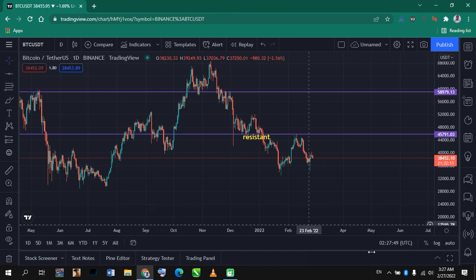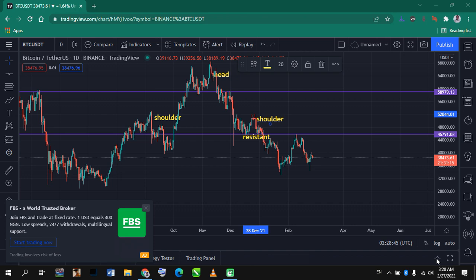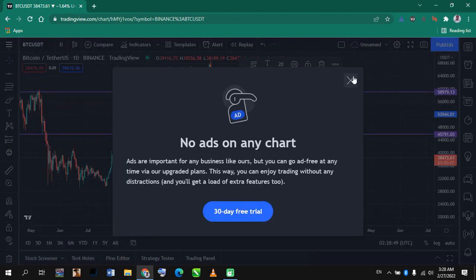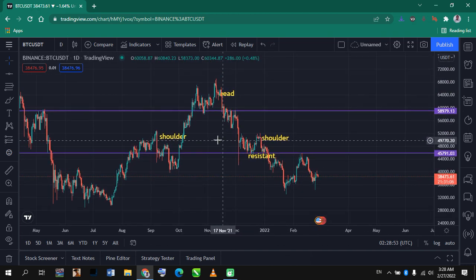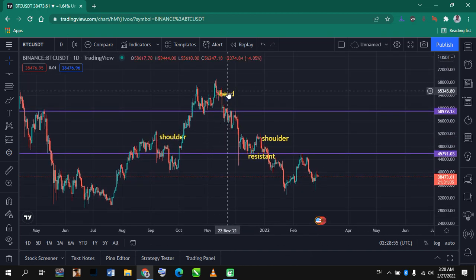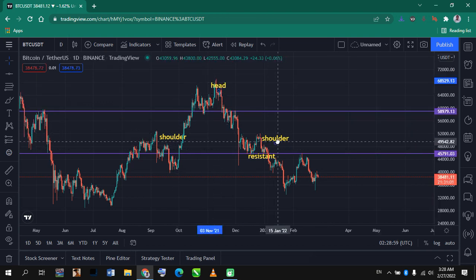Let me put that down. So here is our head and shoulders pattern. This is the head, this is the shoulder, and this is the shoulder.